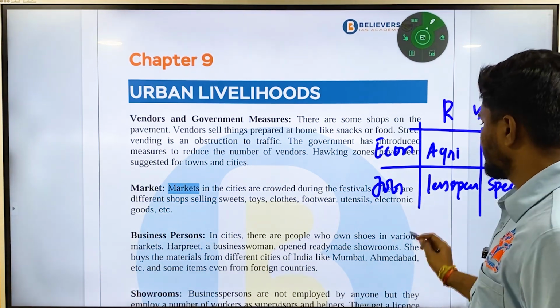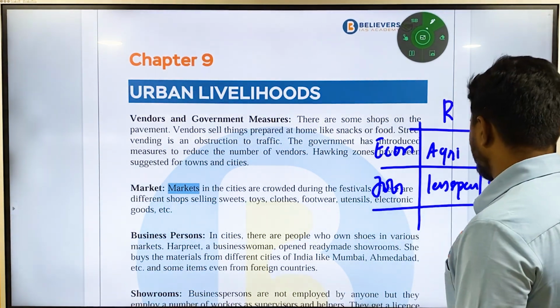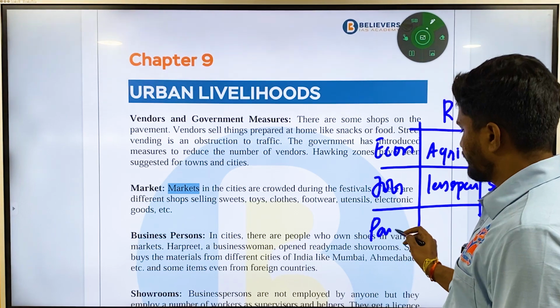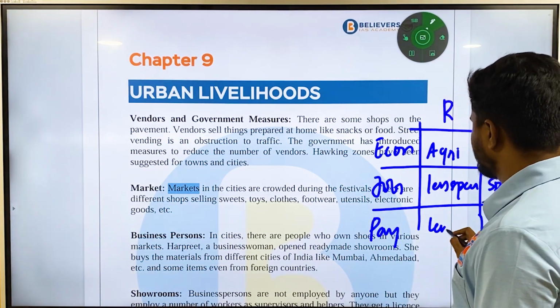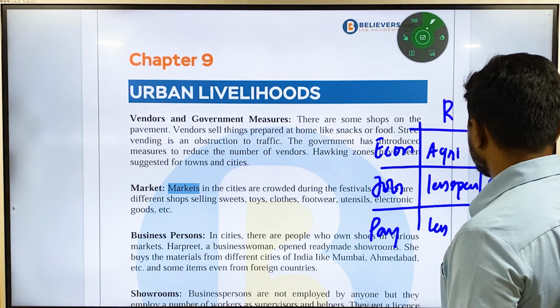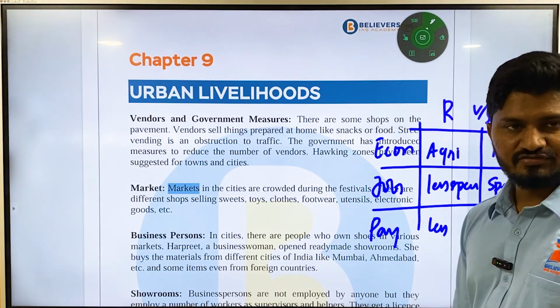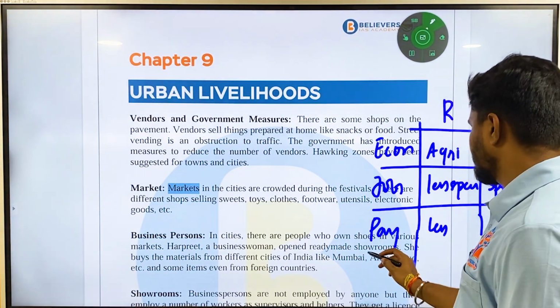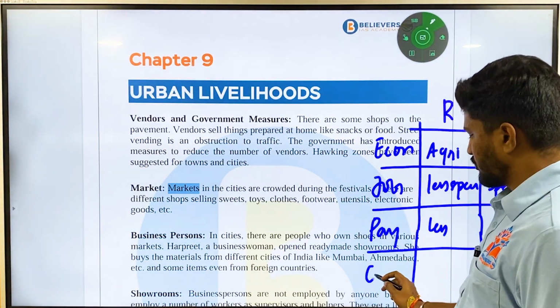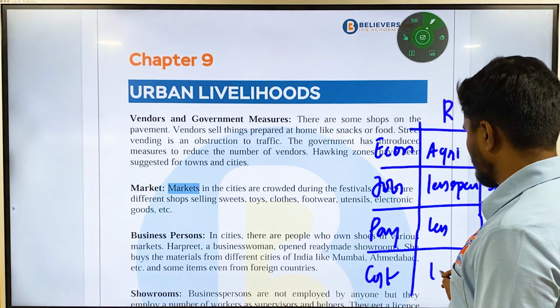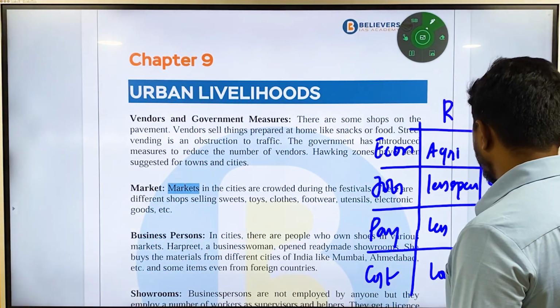The pay or salary is less in villages and high in urban areas. And the cost of living, obviously when the pay is high, the cost of living is also going to be high. Cost of living in rural areas is low, here it will be high.